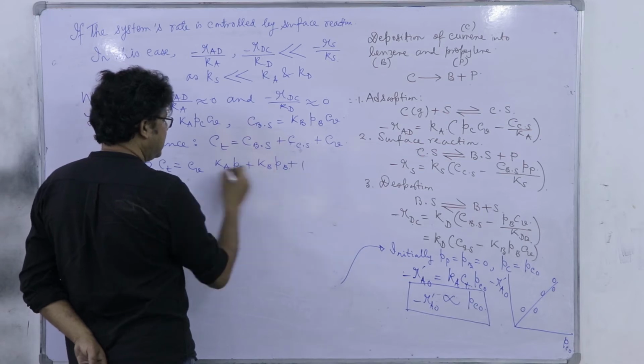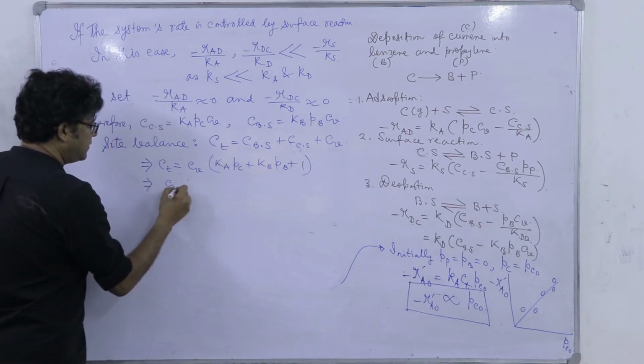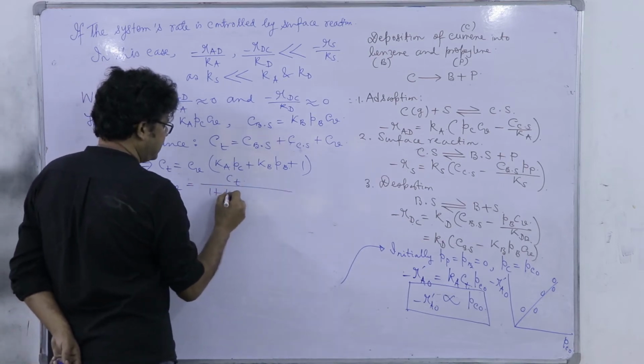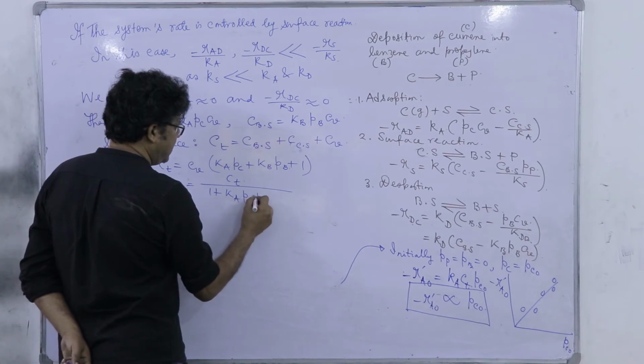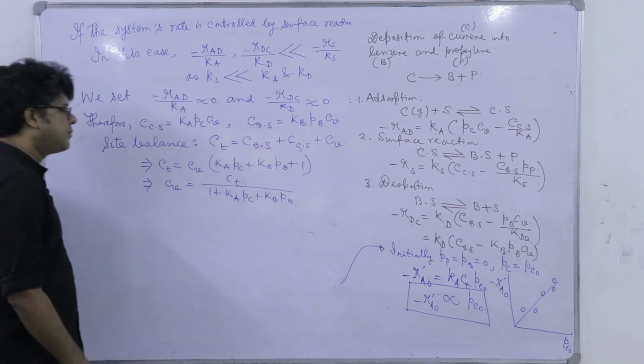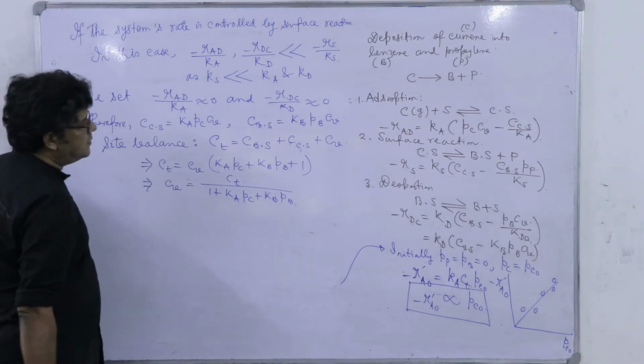So, we have Cv equal to Ct divided by 1 plus Ka Pc plus Kb Pb. Right. So, we need the value of Cc·S.